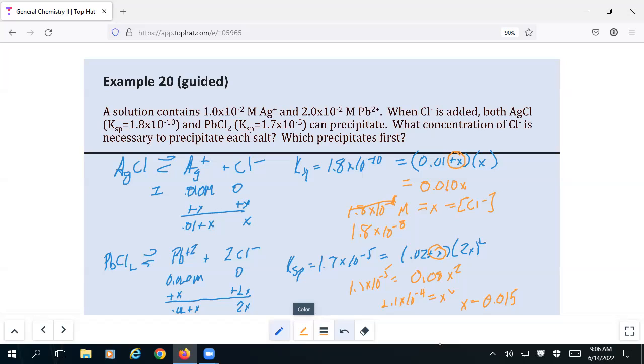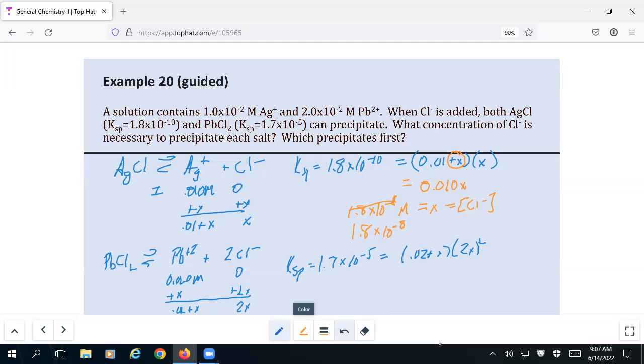And so this would tell us, hold on a second, that's practically just as much as our initial concentration of lead was. So we would have to go back to solving this as a quadratic. So take all of that off the board. So that's why we do that.